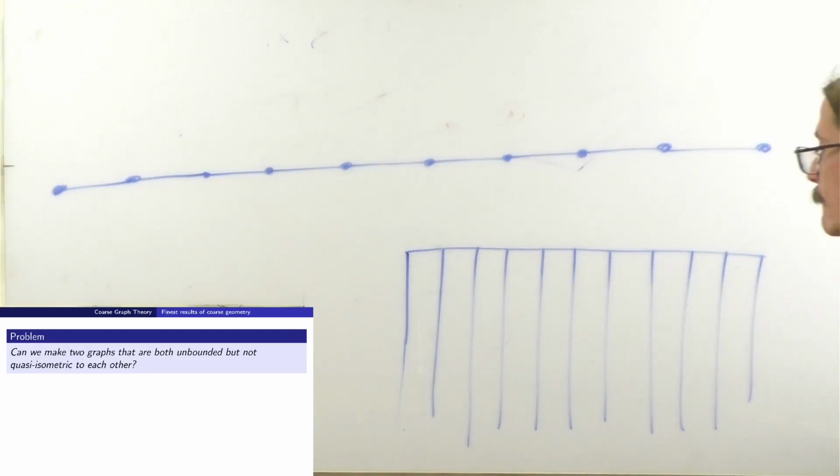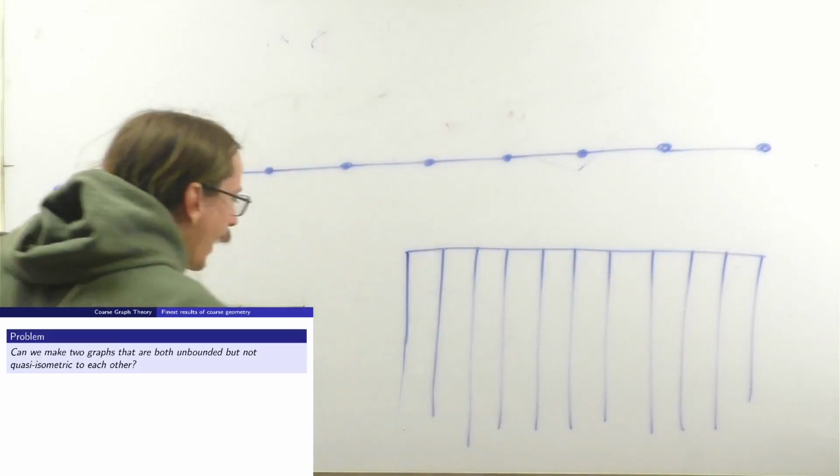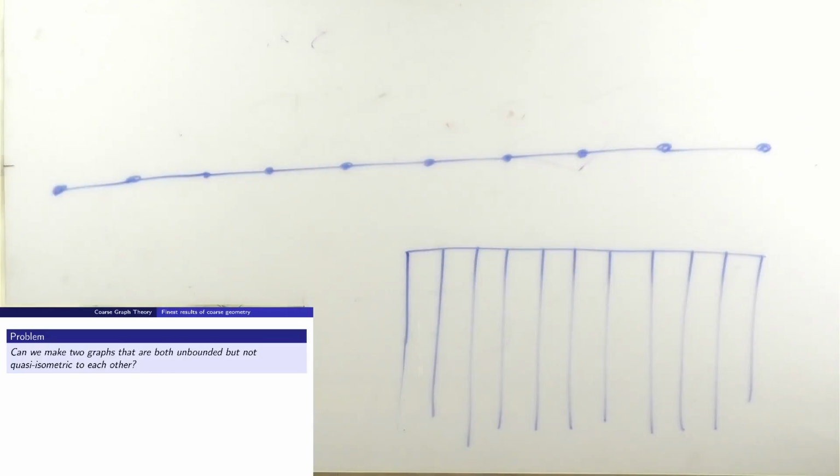Well, let's imagine that I had a function between them that was a quasi-isometry. That means that a point here and a point here have to go, let's not do that.